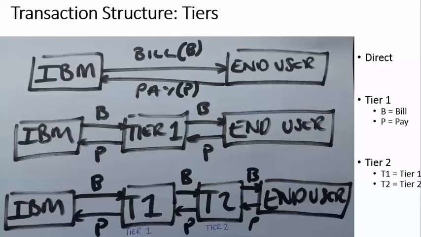If you go down to Tier 2 and Tier 1 below it, Tier 1 is where we put a reseller or a reseller distributor in between IBM and the end user. This sort of model is used very much by software vendors when they enter a territory in which they don't have much experience.